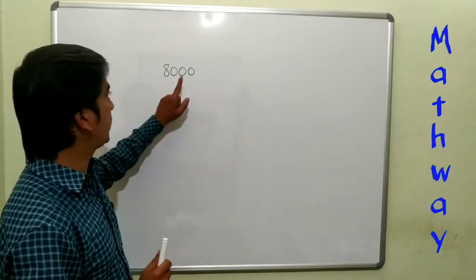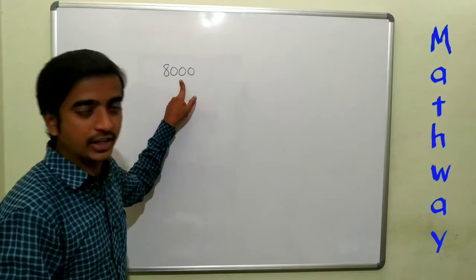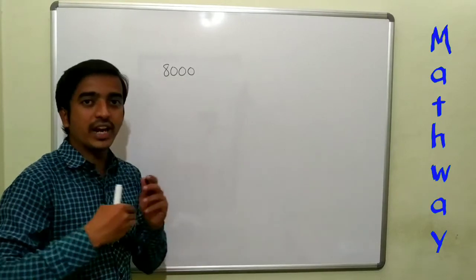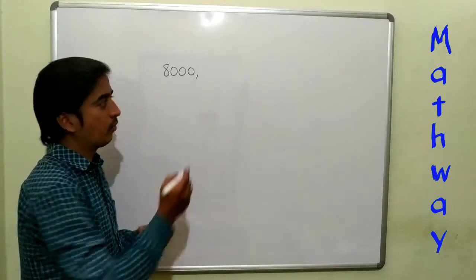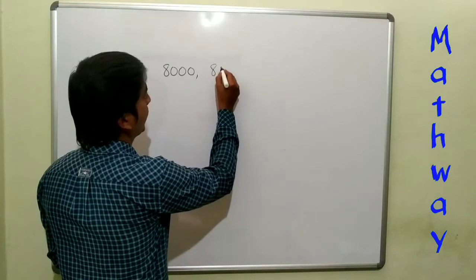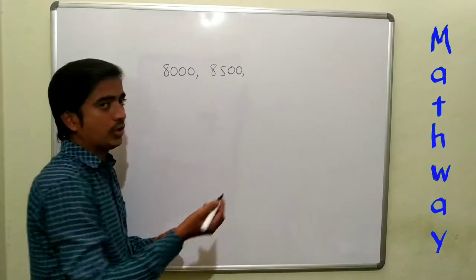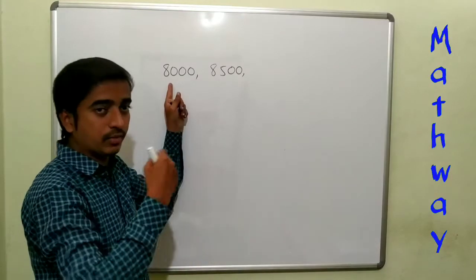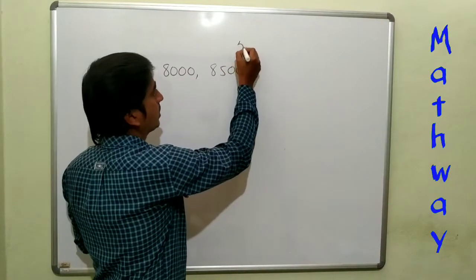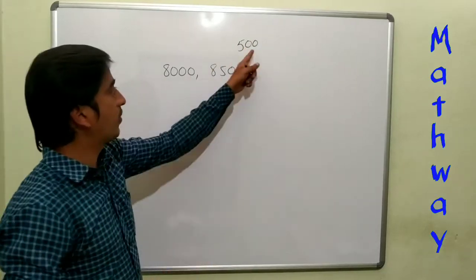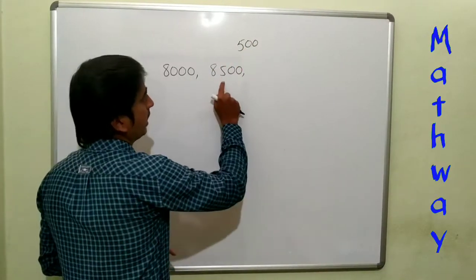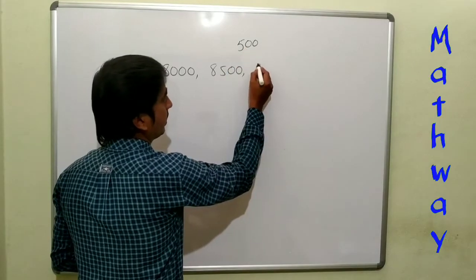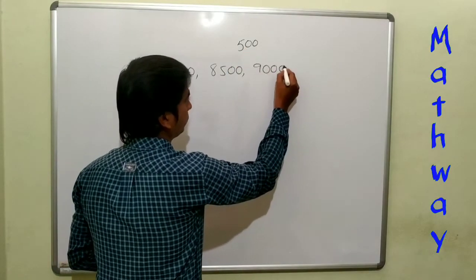For the first year his monthly salary is 8,000 rupees. For the second year, how much is the monthly salary? 8,500 rupees, because first year 8,000 and for the next year the increment is 500 rupees. So 8,000 plus 500, 8,500 rupees. For the third year again plus 500, 9,000 rupees.